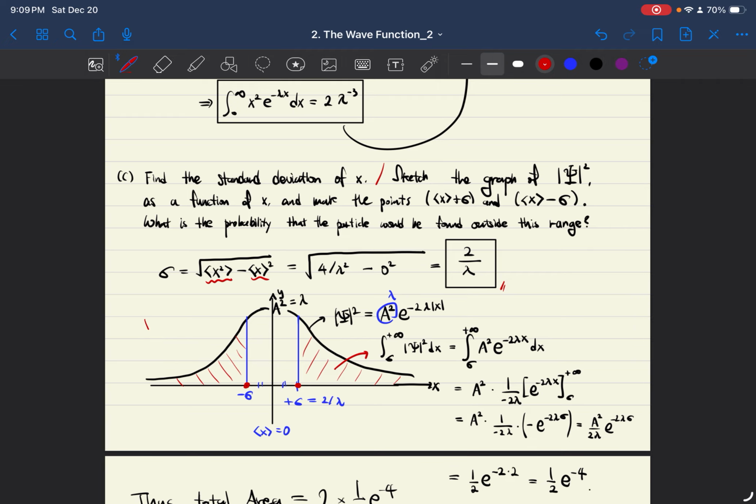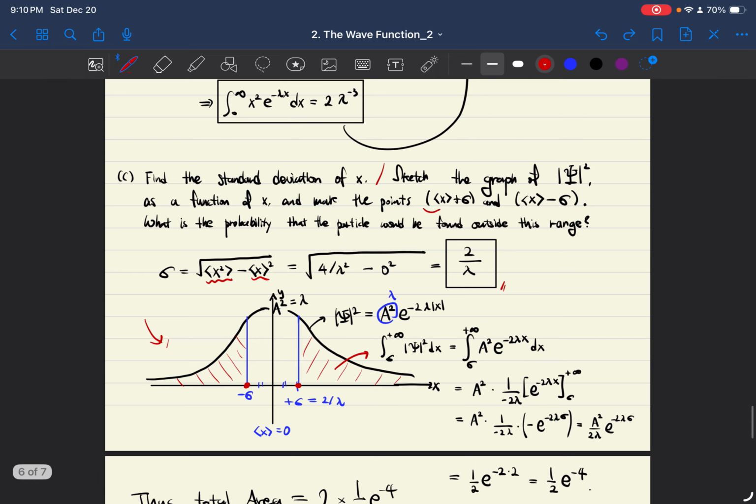And the sketching of the graph is simple because it is an even function, and both the left side and right side tails have to go to 0 to be normalized. So you can intuitively expect the exact structure of the geometry of this graph, like this.